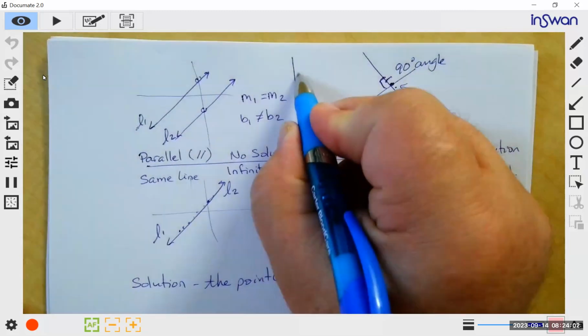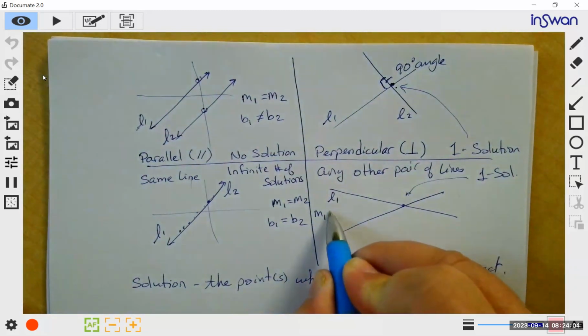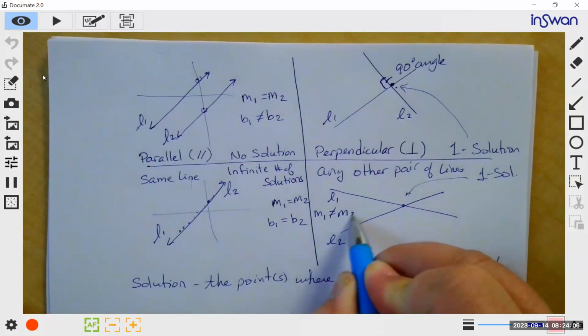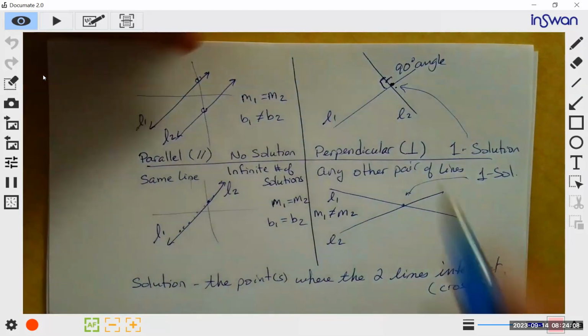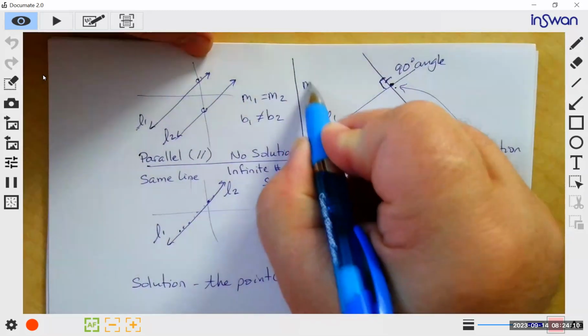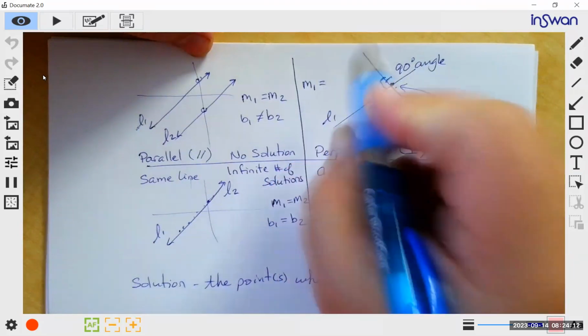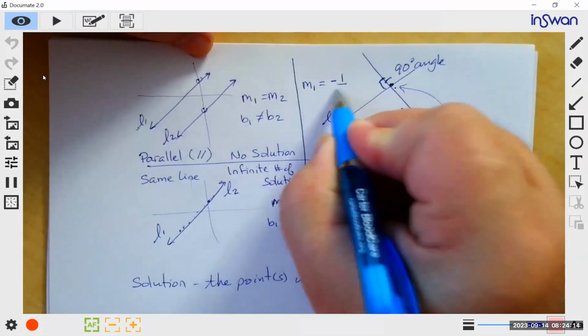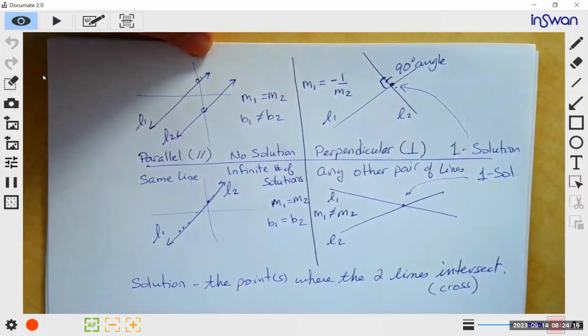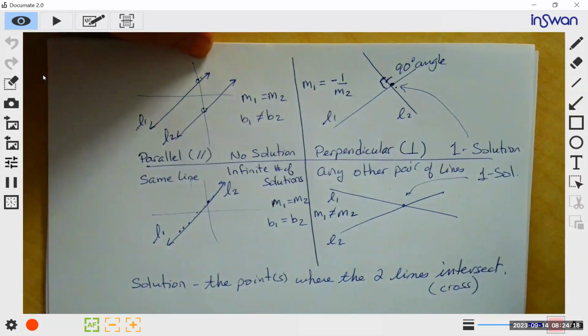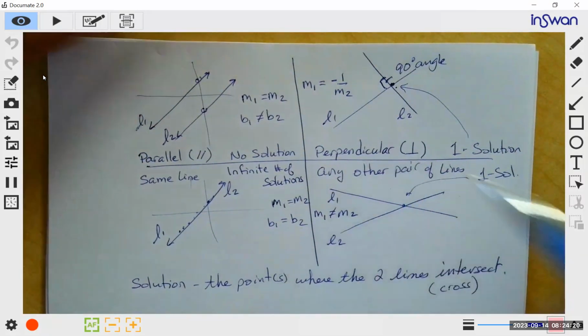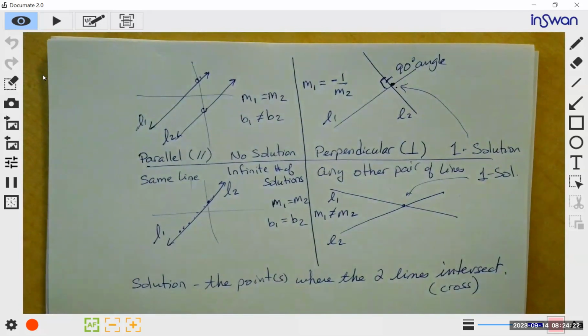Obviously, their slopes are different. But for perpendicular, the slopes are negative reciprocals of each other. To find perpendicular, change the sign and flip the slope.